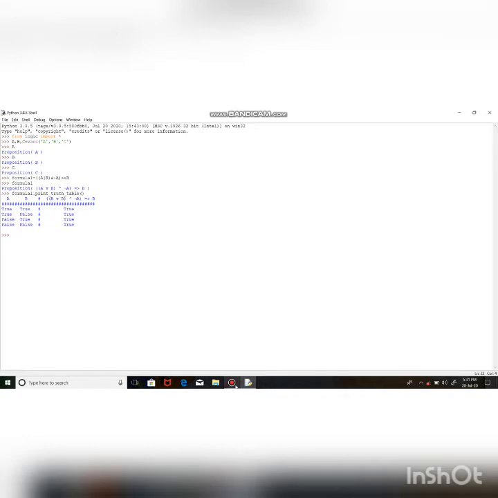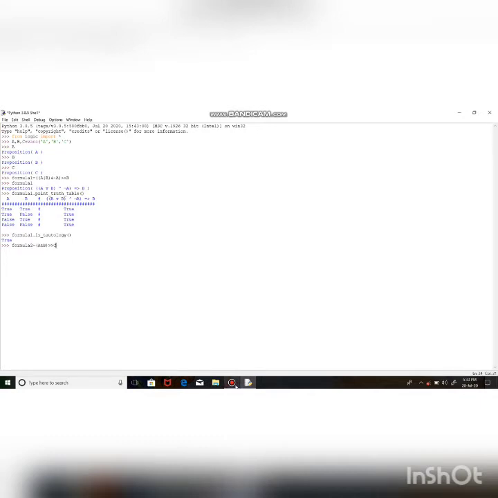So to check a tautology, we have a method called isTautology. Let's check whether it is a tautology or not. Since we have got true for formula 1, hence it is a tautology.